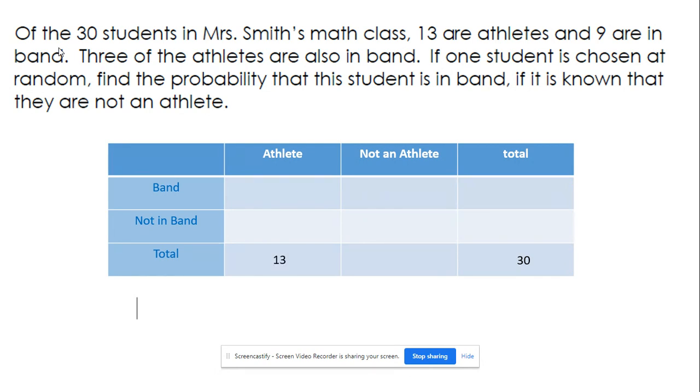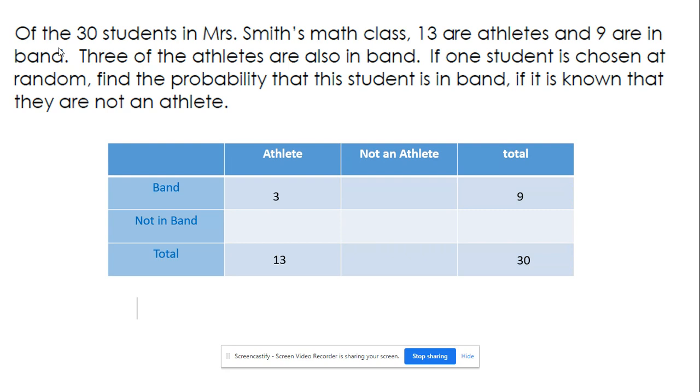We know that 13 are athletes, so that should go in the column for our total of athletes, and 9 are in band, so that would be the row for band, total of 9. We also know that 3 of the athletes are also in band. So where athlete and band meet, we would have 3.